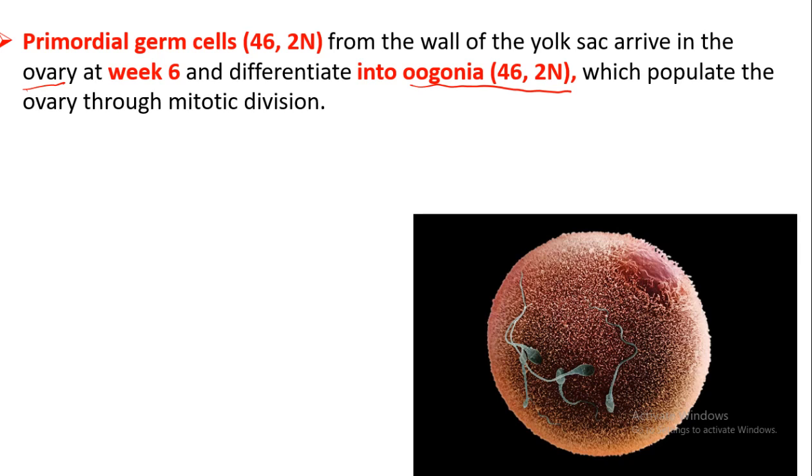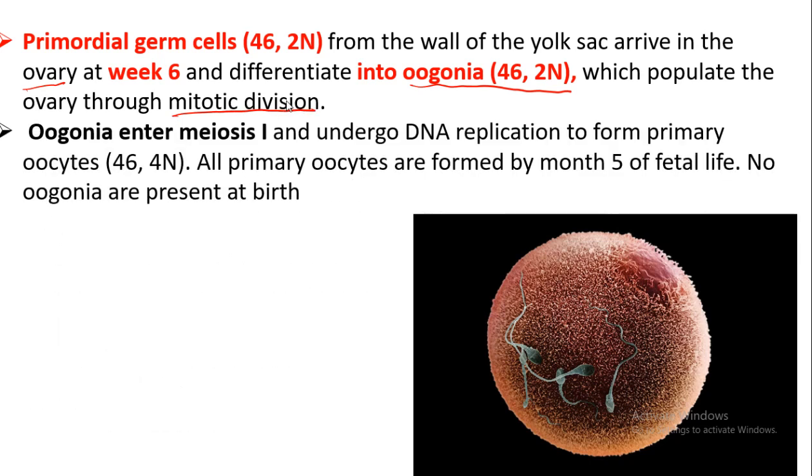This oogonia is now also going to undergo mitotic division. So oogonia enters meiosis 1 and undergoes DNA replication to form the primary oocyte. Now, when does this happen? This happens in month 5 of fetal life.